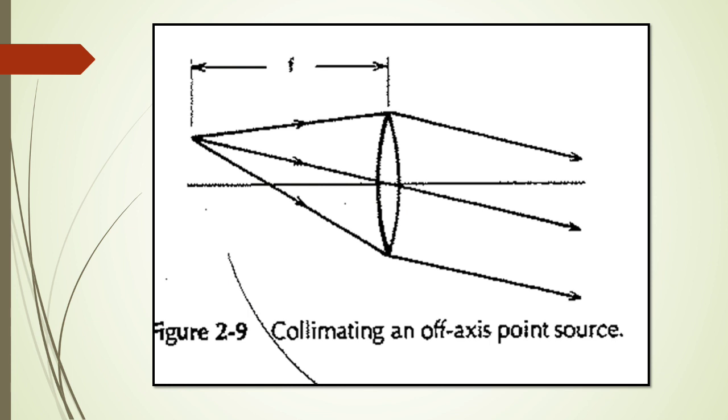This source radiates the energy in the form of a cone, and all these rays will be converted to a collimated beam of light. And all the rays of the collimated beam of light will be in the direction of the central ray, because the central ray does not change its direction at all. This ray is undeviated. The central ray is undeviated. It does not change its direction.